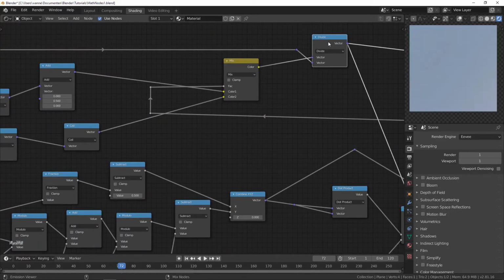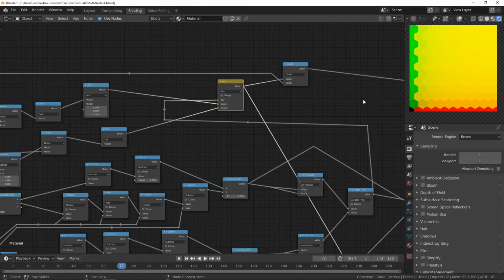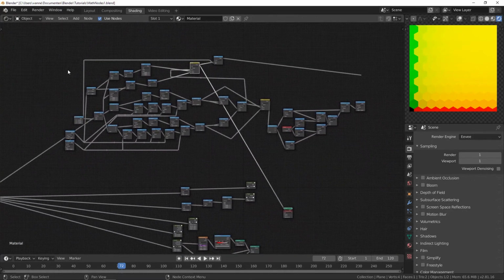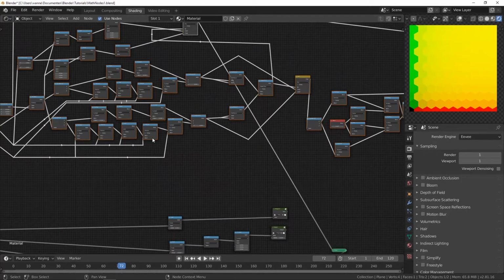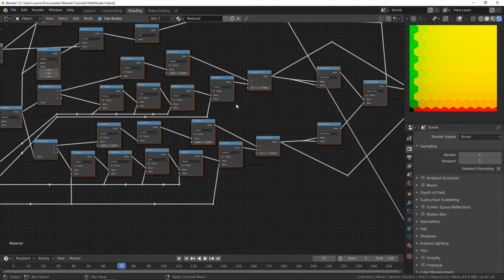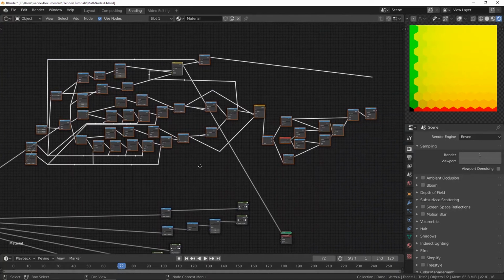And then in the end I divide so that this is in the 0 to 1 range, because now it's in the 0 to 10 range, which is not what you usually want. You want everything to be in the 0 to 1 range. I named this one mediocre because there's still a lot of nodes, and we can actually simplify this a lot using more vector math.